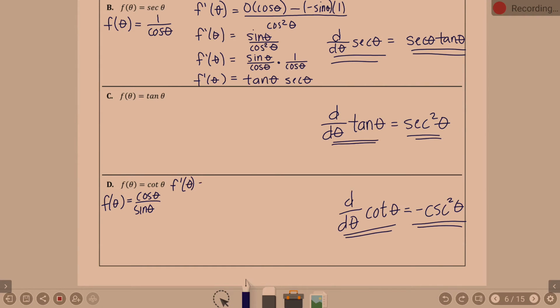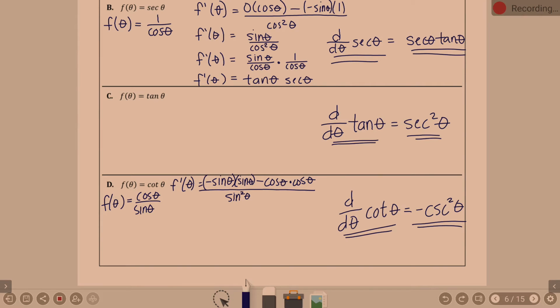So, the derivative of the numerator, derivative of cosine is negative sine, times the denominator, so times sine, minus derivative of the denominator. Derivative of sine is cosine times the numerator, which was cosine, all over denominator squared, so sine squared.